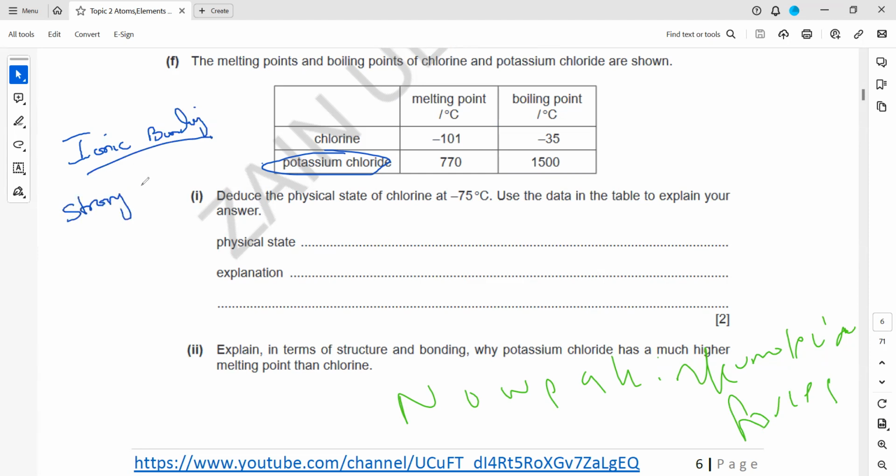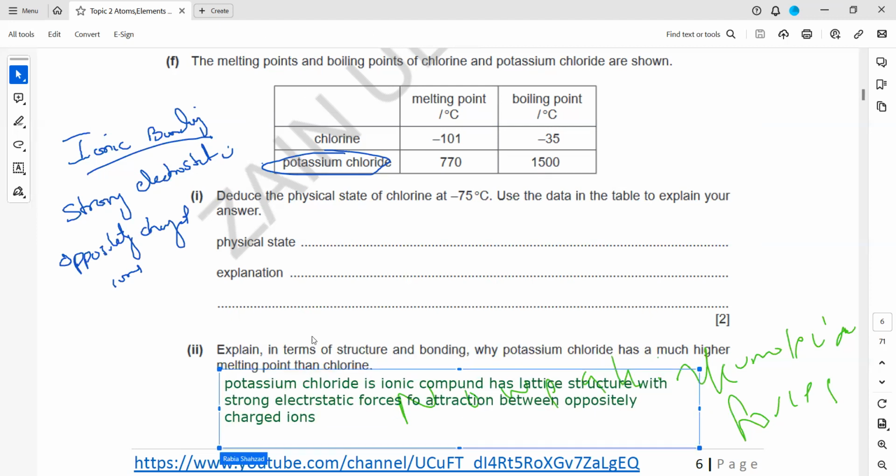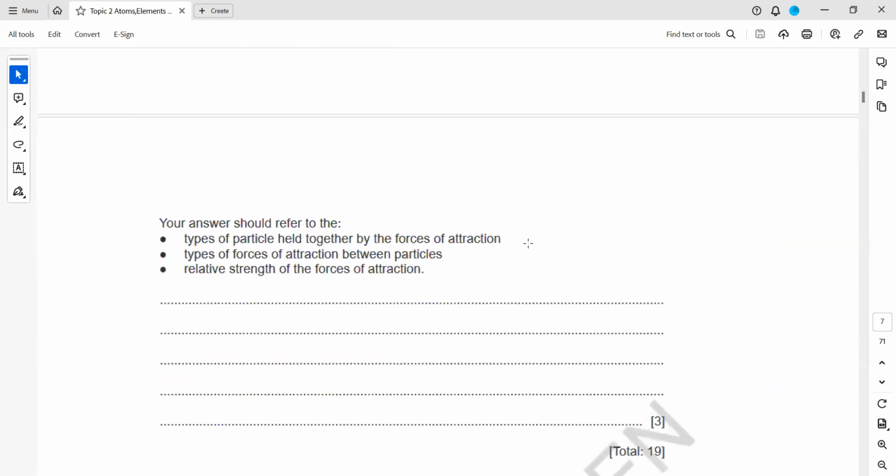There is a strong electrostatic force between the oppositely charged ions. Oppositely charged ions have a very strong electrostatic force. That's why this substance will have a high melting point. And a giant structure as well, a giant lattice, that's right.